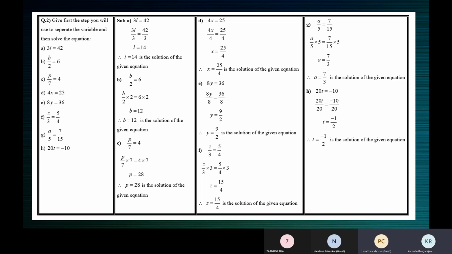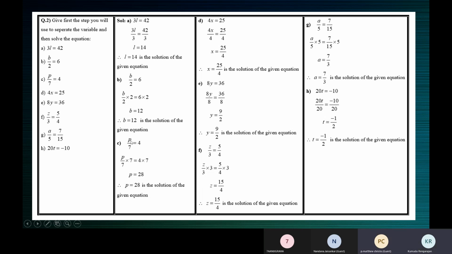Why? We haven't come to that. I don't know why you're using that language. We have to multiply both the sides by 7. So P by 7 into 7 and 4 into 7. So 7 and 7 will get cancelled. Where is that 7 going to the other side for multiplication and all that? It's not like that.